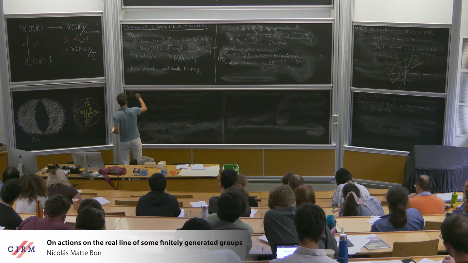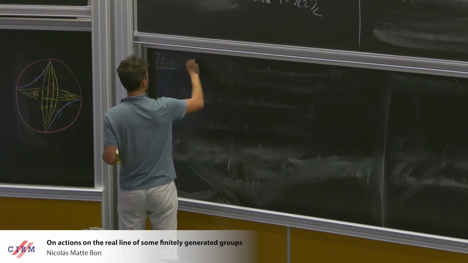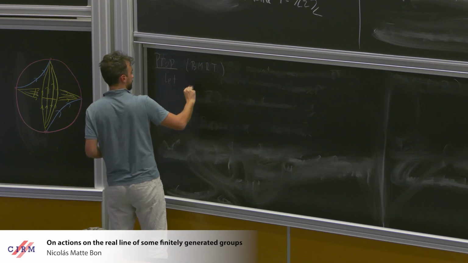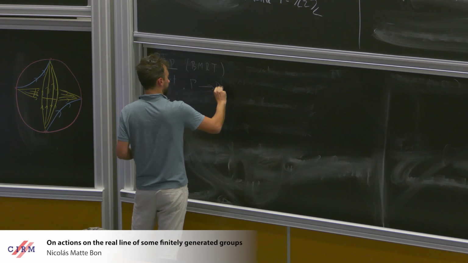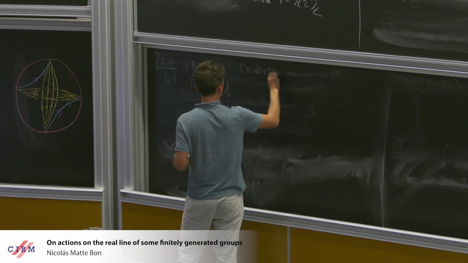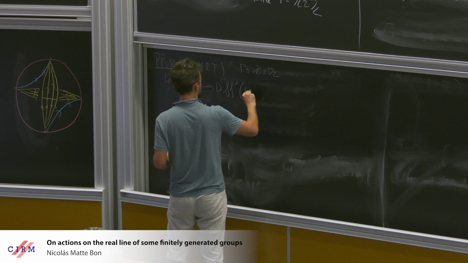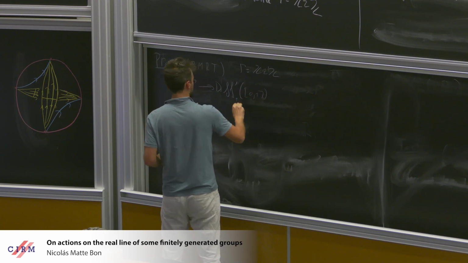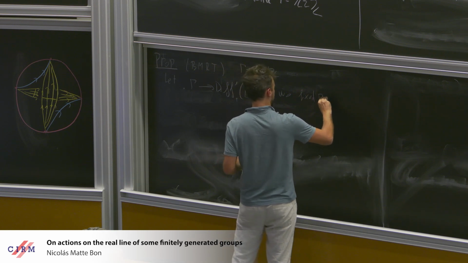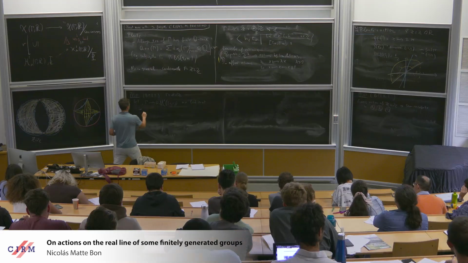So a proposition: let gamma be an action of, always here, the group Z. Consider an action by C1 diffeomorphisms on the compact interval without fixed point in the interior.